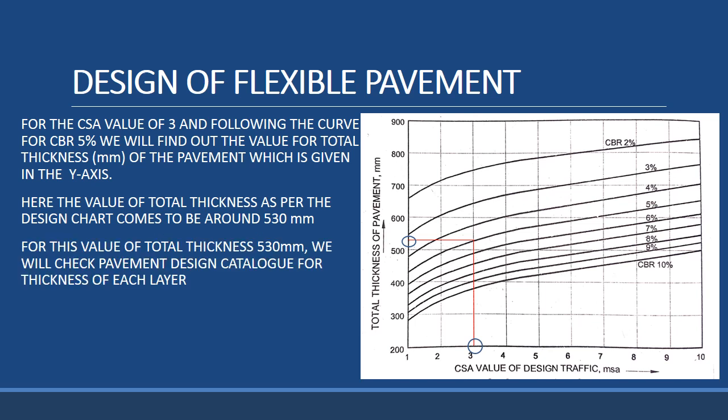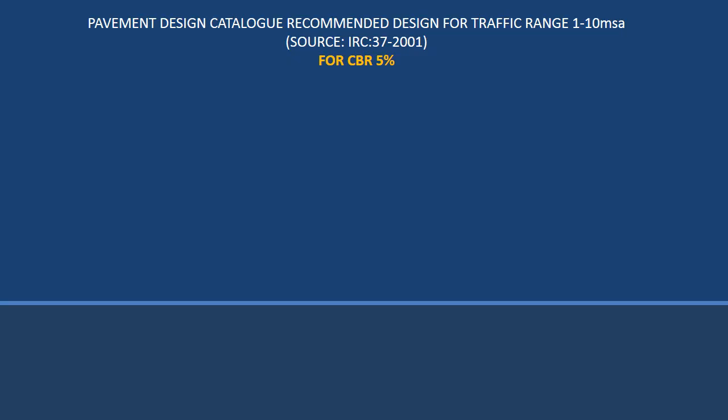Now for this total thickness of 530, we will check the pavement design catalog for the thickness of each layer. For the whole composition of the pavement, we will check the thickness of each layer in the design catalog.